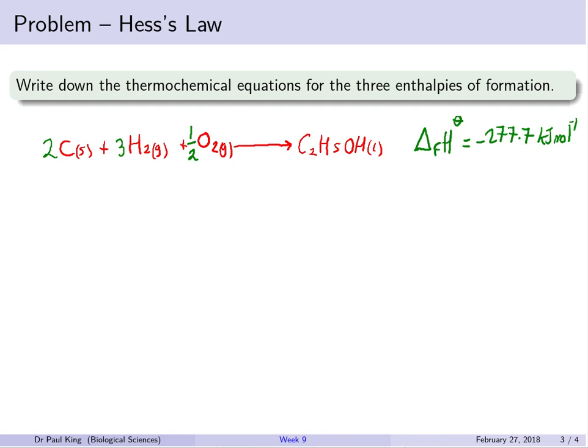The next equation that we have to write is for the formation of 1 mole of ethene, and the associated reaction will be the following. Again, it's composed of carbon, and in this case only carbon and hydrogen.